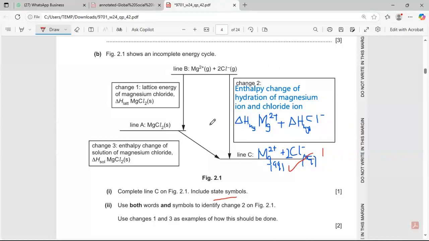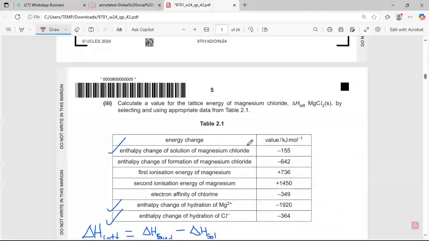Because magnesium and chloride ions are in gaseous state and they are changing directly to aqueous state. They are undergoing the enthalpy change of hydration. So you will say the enthalpy change of hydration of magnesium ion and chloride ions. That one will earn you 1 mark, then the symbol will earn you another mark, so you earn your 2 marks.